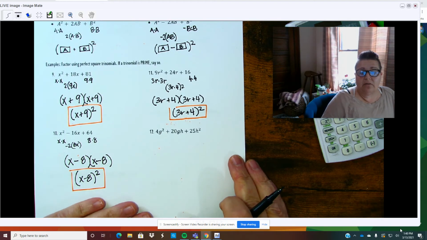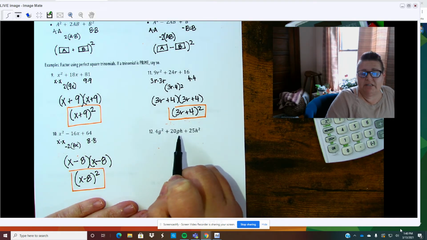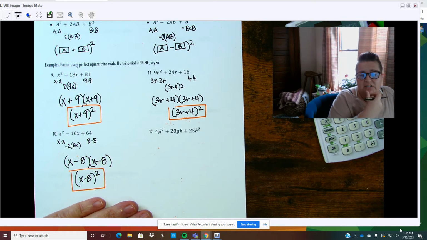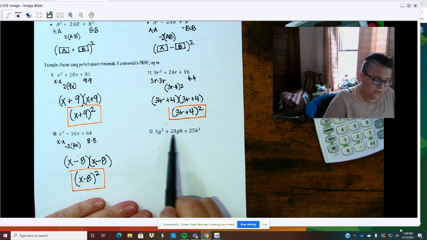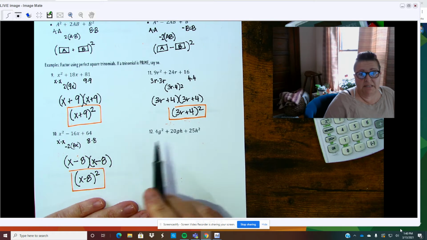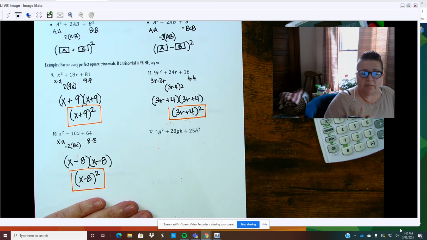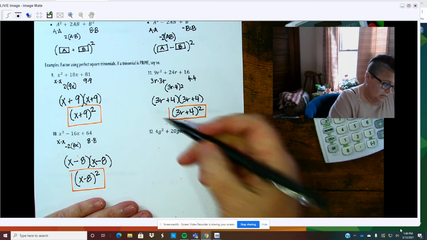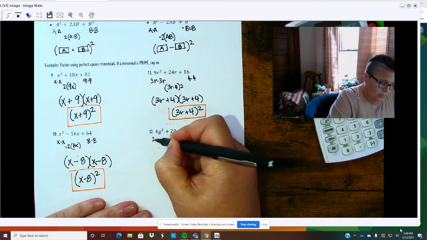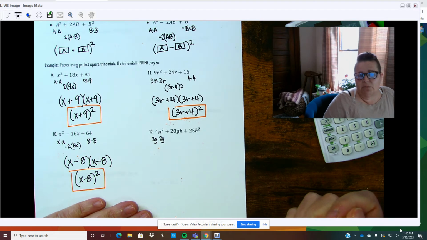Trying number 12. For number 12, I have a 4g squared plus 20gh plus 25h squared. There is nothing that can be pulled out of a 4, a 20, and a 25. G squareds and h squareds, nothing. There's no common factor here. So since there's not a common factor, I'm going to look for roots. 4g squared can break into 2g times 2g. That is a perfect square root.